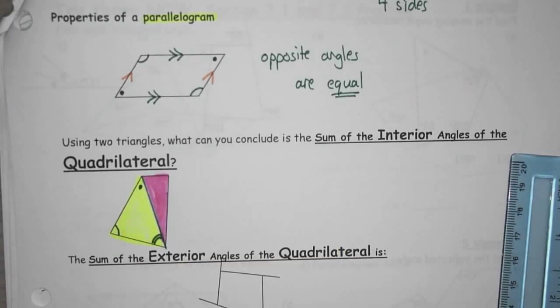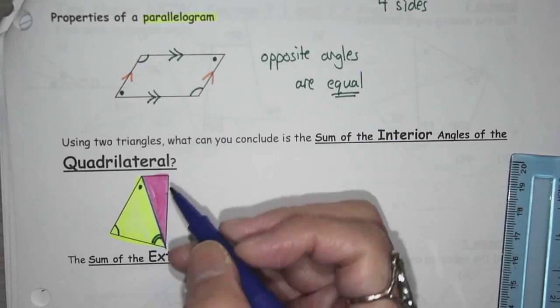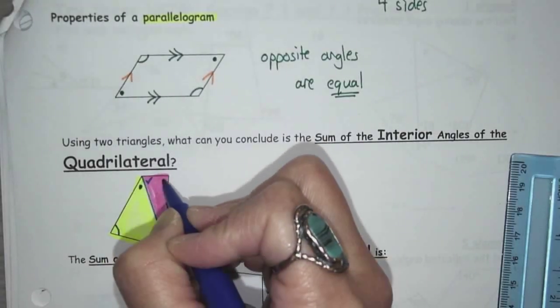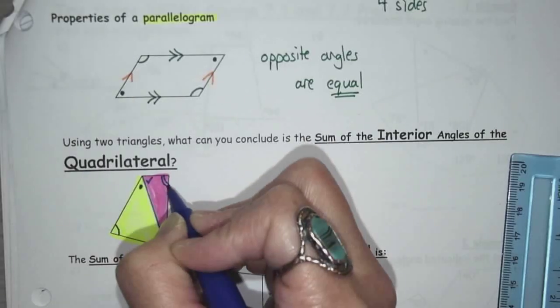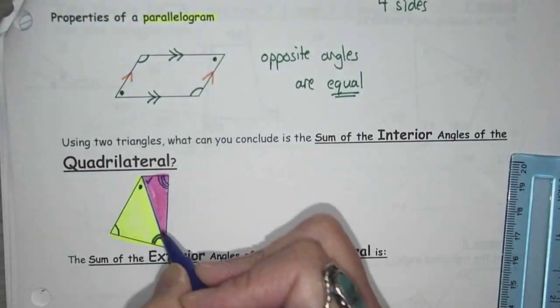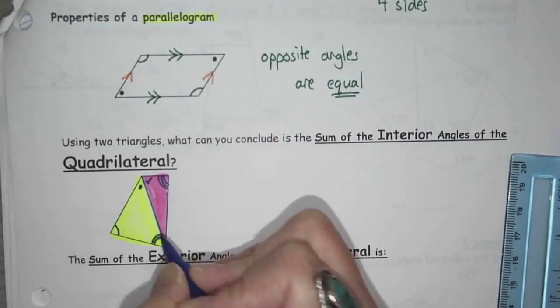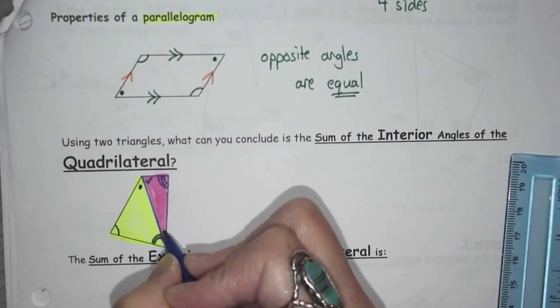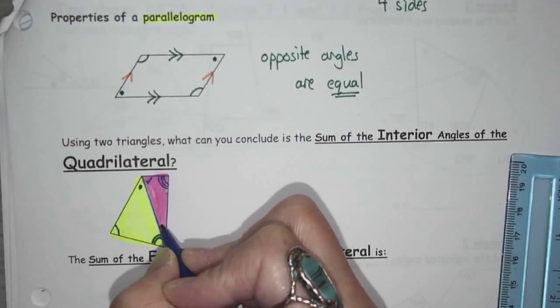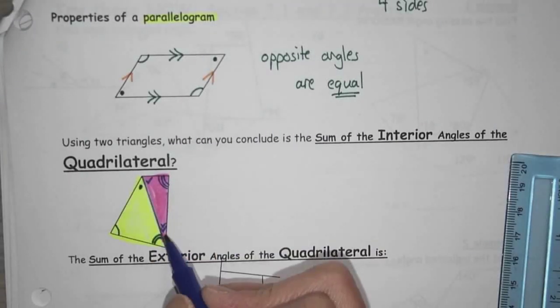If I do the same thing with the pink triangle, so this angle, we'll call this one here 2, 3, that angle, and then I don't know what other symbol to use. I'll just use a double check. That angle there.